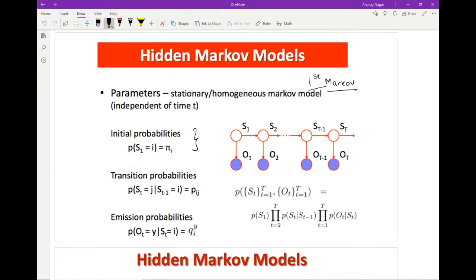I'm given the initial probability, also known as a prior. I know how likely the person is to start in one of those states. For example, state 1 could be pi 1. So I could have pi 1, pi 2, which is a vector, and the vector could be 20%, 80%, which says sad state, happy state.